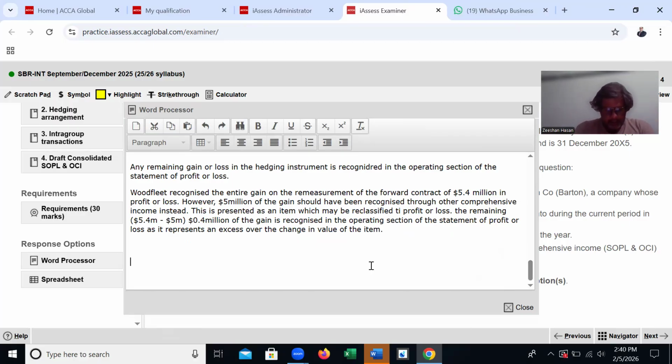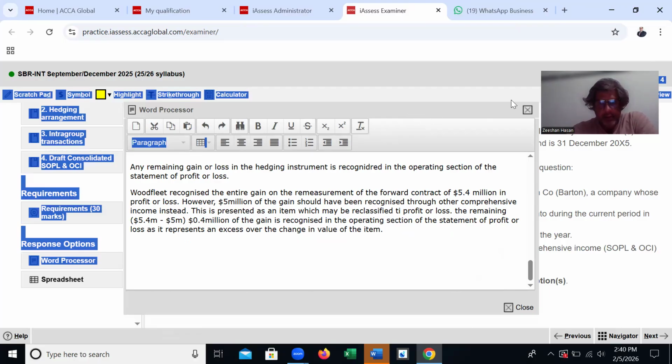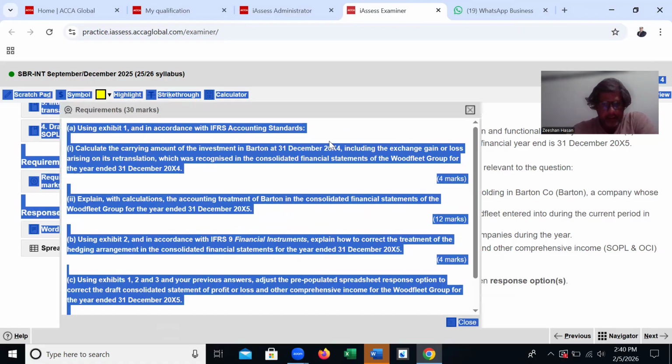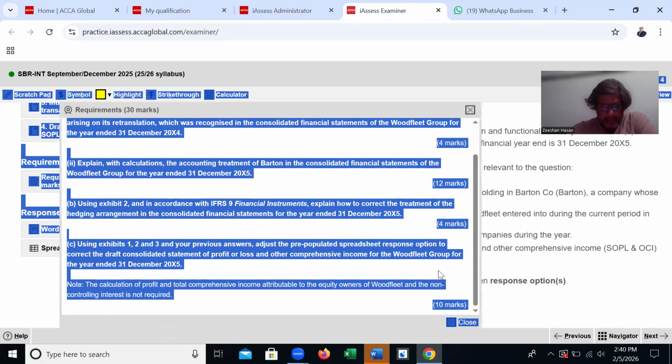Yeah, we are done with requirement one, parts one and two. Then requirement B is also done. Now let us move to, I guess, our last requirement. Using Exhibits 1, 2, and 3 and your previous answers, adjust the pre-populated spreadsheet response option to correct the draft consolidated statement of profit or loss and OCI for the Woodfleet Group for the year ended 31st December X5.